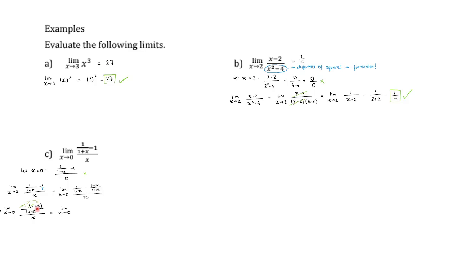And so I'm going to have negative x over 1 plus x, all over x. And so now I want to undo this complex expression, right? Here I'm going to rewrite the denominator as x over 1.